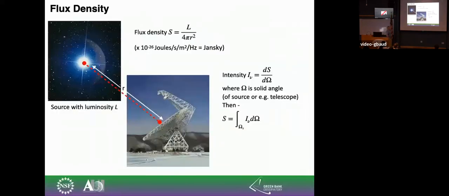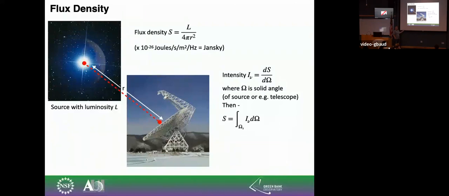So just looking at any old radio source with our radio telescope, we tend to think in terms of flux density, where the source itself has some intrinsic luminosity that's radiated over 4 pi steradians, so solid angle, basically all directions in space, at least in our basic example.